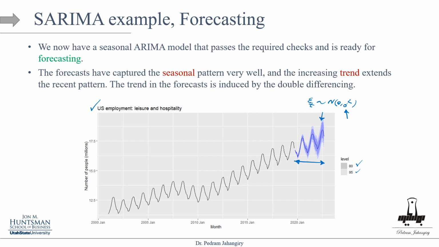The reason I'm not going to discuss those formulas is that it is a lot more complicated than ETS models, and computationally there's no closed form solution. When you do this, Python is not going to use a closed form solution for prediction intervals. It's basically using some recursive calculations. So that's why I will not talk about the details. It's beyond the scope of this course, and honestly, there's not much value there. As long as you know where this prediction is coming from, I think I'm good with that.